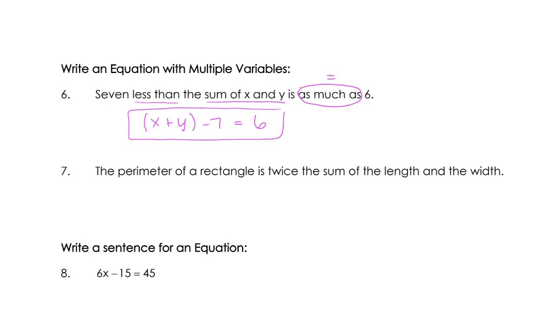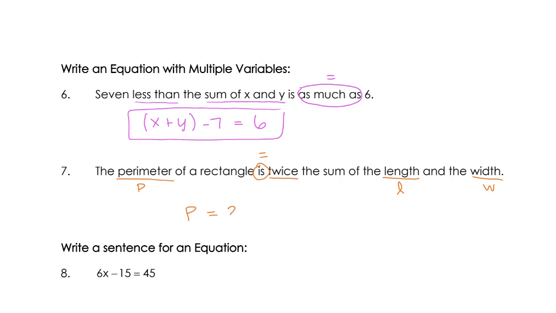The perimeter, we're going to call this P, of a rectangle is twice the sum of the length, we're going to call L, and I always make my L's little lowercase cursive L so that they don't look like ones, and then the width we're going to call W. So the perimeter of a rectangle "is" means equals, so I have P equals.